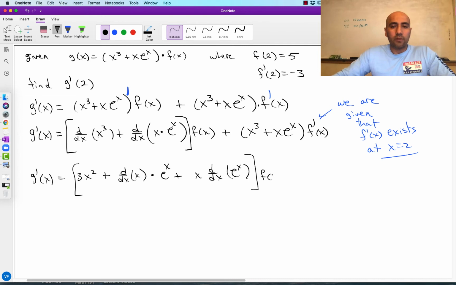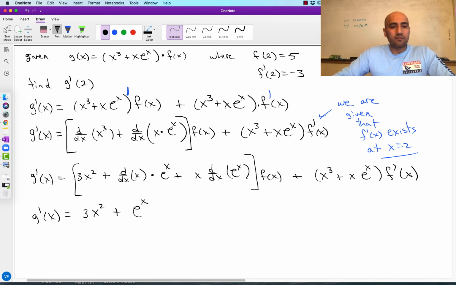All of that gets multiplied by f of x, plus, and now there's really nothing to do here, so we just copy it. X to the third plus x e to the x, f prime of x. Okay, so now this simplifies. The first derivative of x is going to be equal to 3x squared plus this derivative becomes 1, so that'll just become e to the x. Right? This just becomes 1.